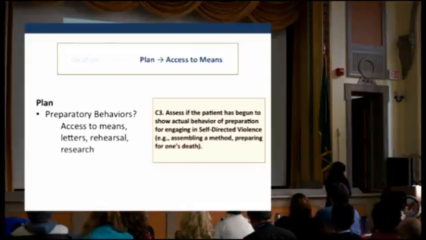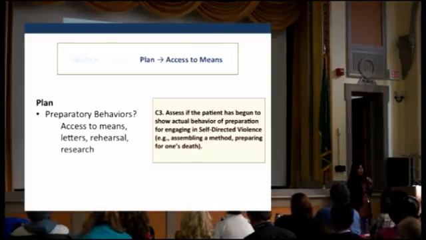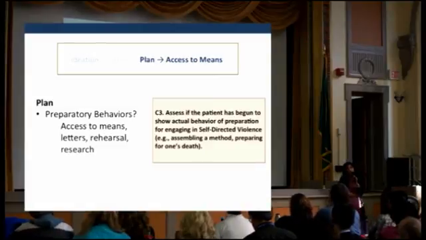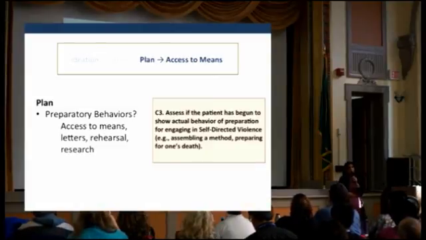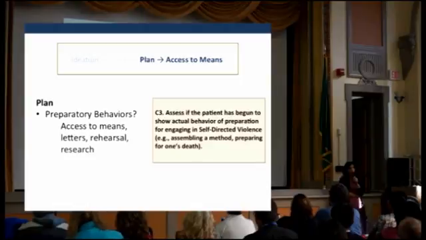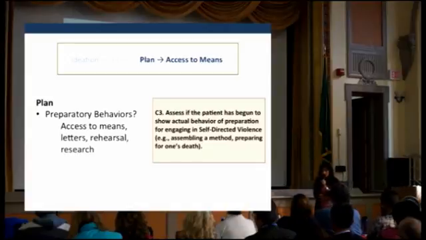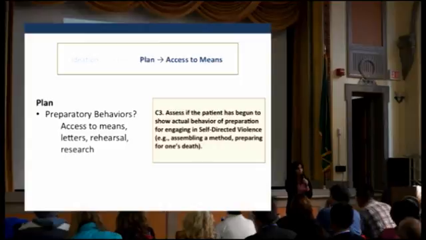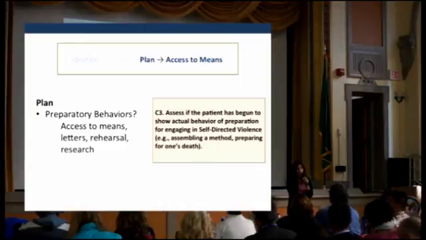Plan and behavior. Now we're moving from thoughts and intention to the actual behaviors that people may be engaging in, to assess level of risk. Preparatory behaviors are a big one. What have they done to start preparing for their plan?